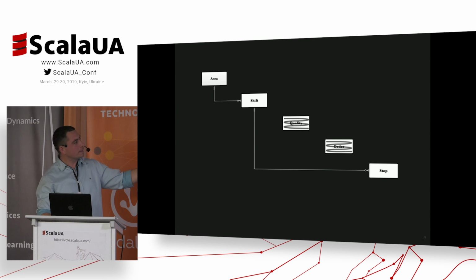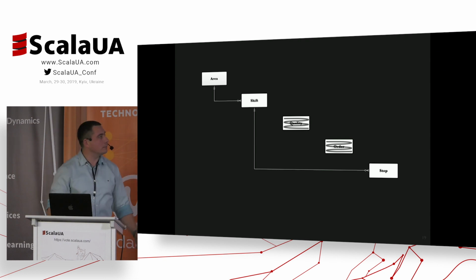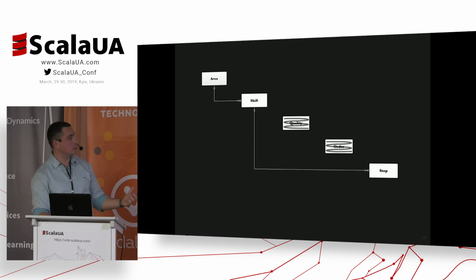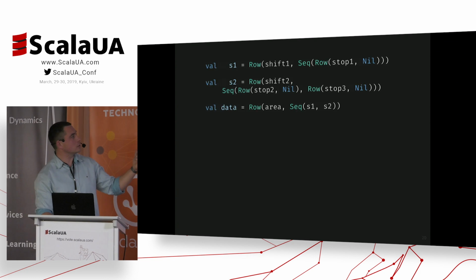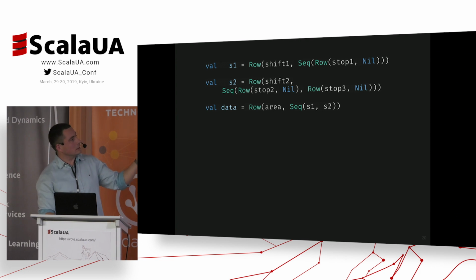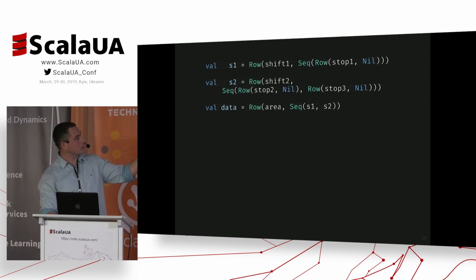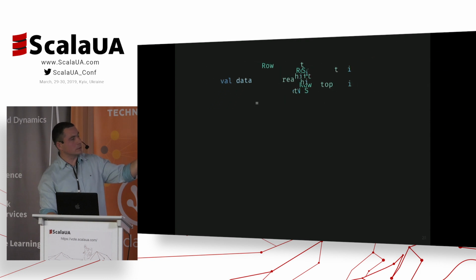And for example, we can represent with this structure a case where for some calculation, we don't need information about the quality and the grade. We just need shifts and stops. We can encode this like this. S1 is the first shift with one stop, S2 is the second shift with one stop, and stops 2 and 3, and then the whole data is an array with 2 shifts.